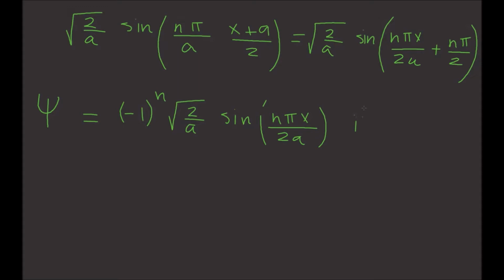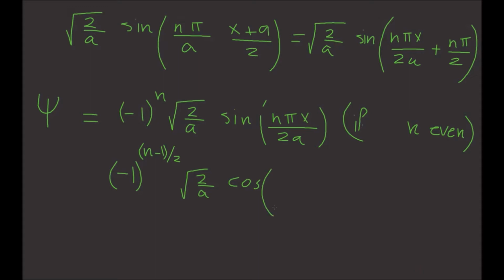This is if n is even. Then we have minus 1 to the (n minus 1) divided by 2 times the square root of 2 divided by a times cosine of n times pi times x divided by 2a. This is if n is odd.